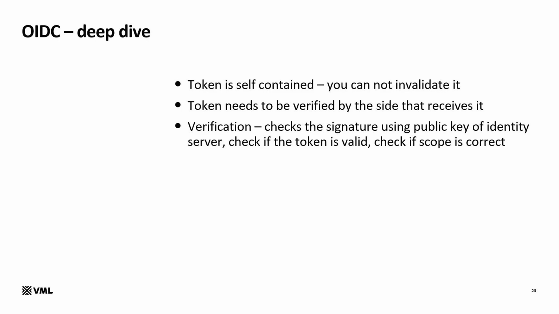I mean, it should check if it is properly signed, if it is still valid, if the issuer is valid, maybe if the audience is valid, and then also the quite important part of the token, the scopes, which we will get to later, but we also check the scopes.